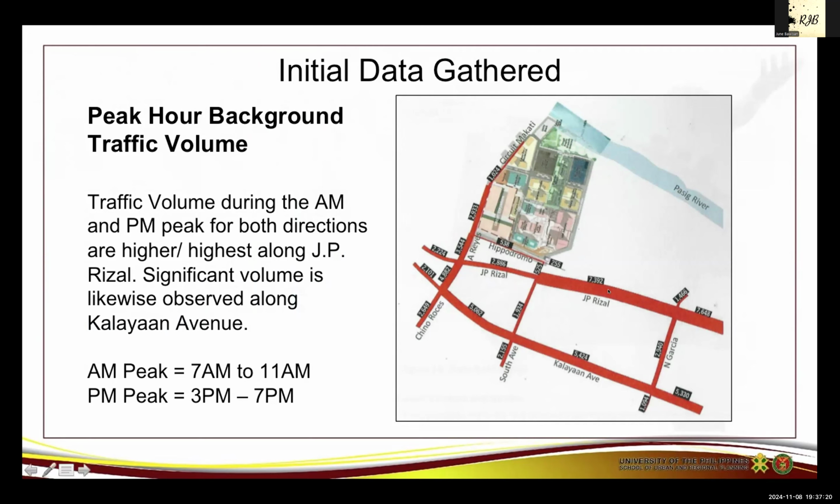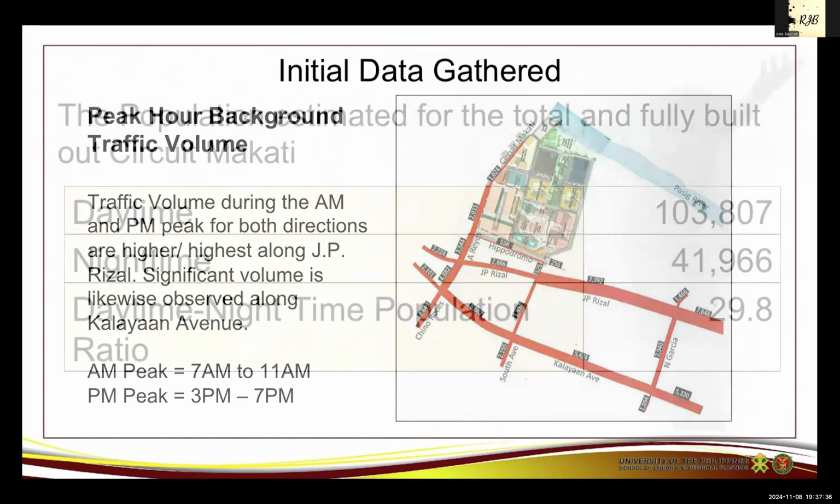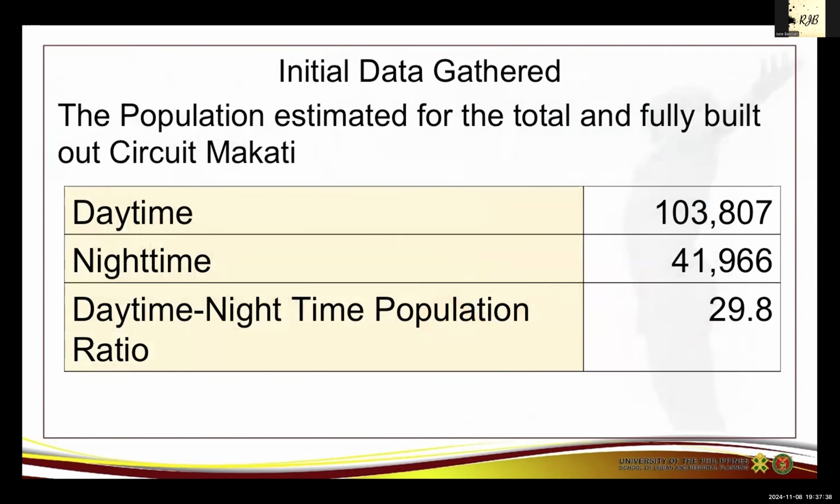In Kalayaan, we also have the entire link, the one that I presented a while ago, the 7, 8 links, the red one. Okay, good. So we have the initial data during AM and PM peak, and we have the figure on the daytime and nighttime population of the proposed development.